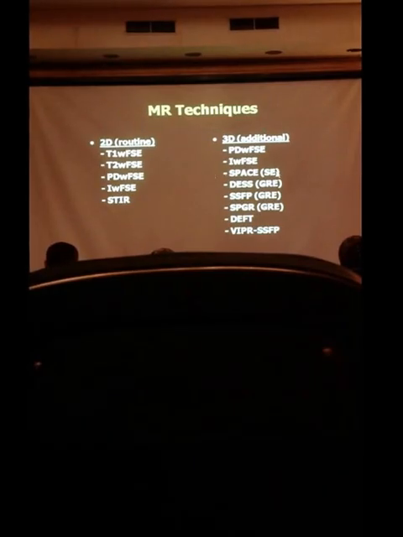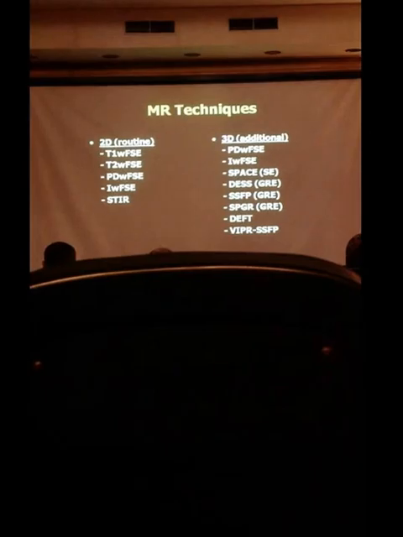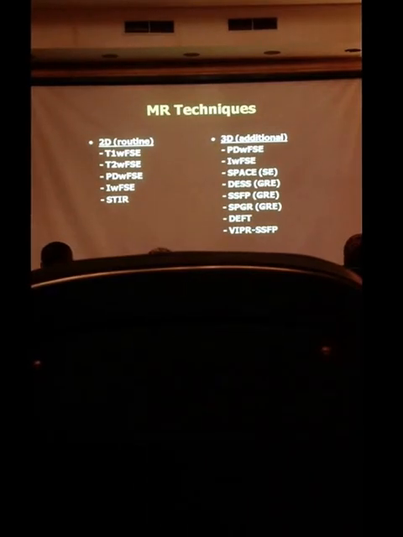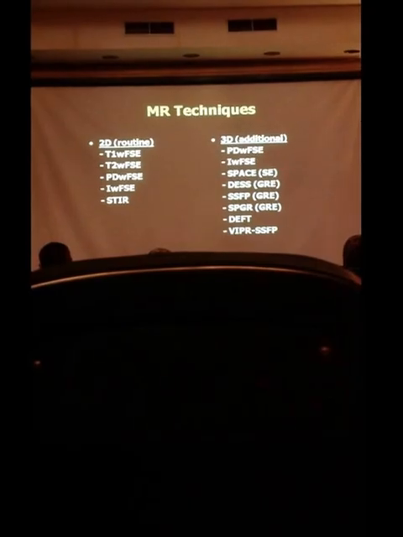The column on your right refers to additional techniques, which are three-dimensional techniques. Unfortunately, those techniques have not yet replaced the routine techniques for the assessment of the whole joint. We will talk about some of them. I'm not going into details for each technique.